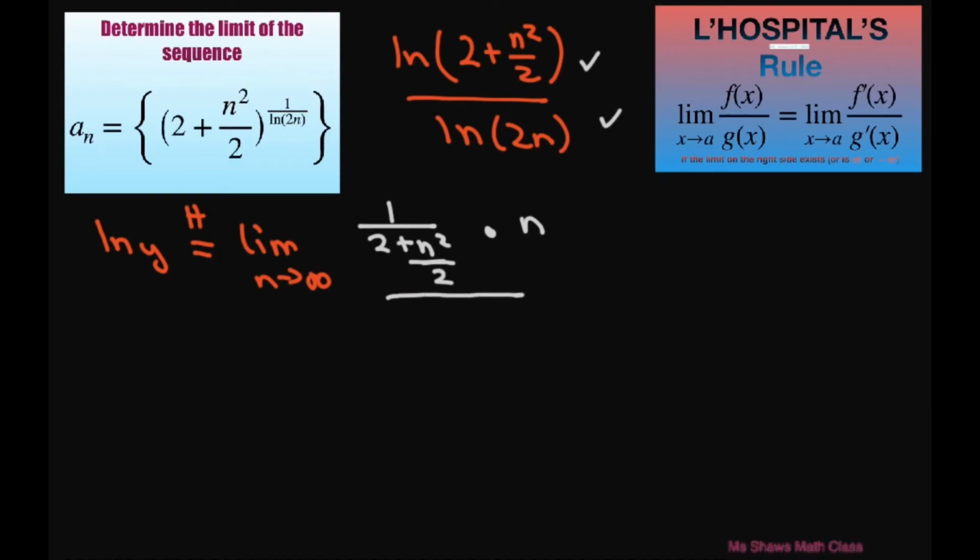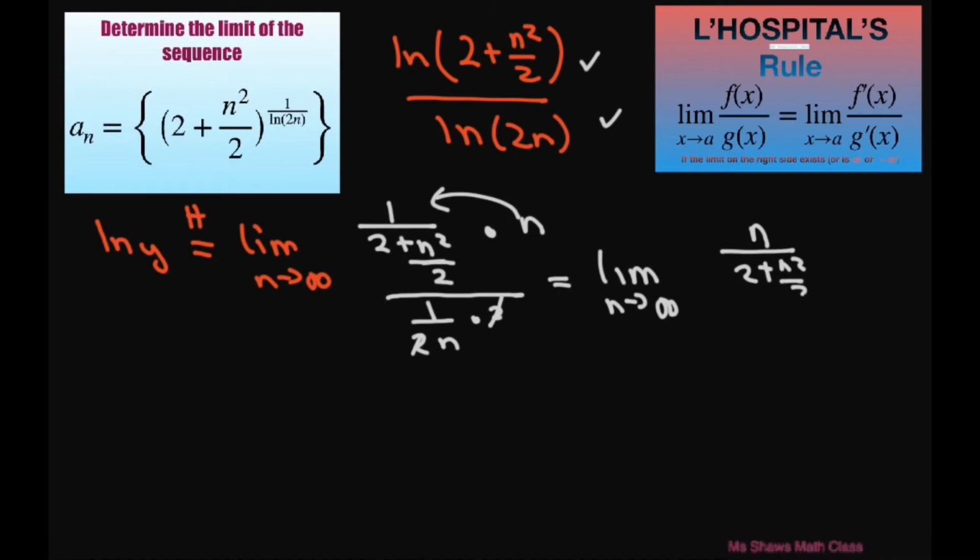And for the denominator, we're going to get 1 divided by 2n times 2. So those 2's cancel. Simplifying, this is going to be the limit as n approaches infinity of n divided by 2 plus n squared divided by 2, all divided by 1 divided by n.